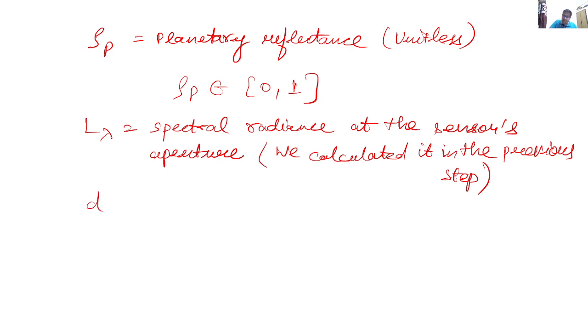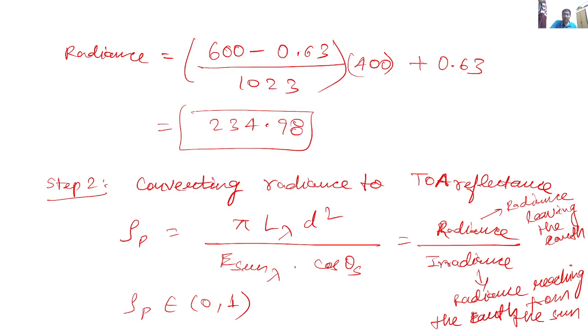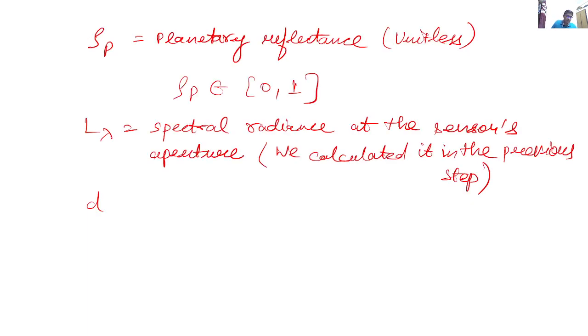D, there is also D in this equation. This is nothing but the Earth-Sun distance in astronomical units, AU.